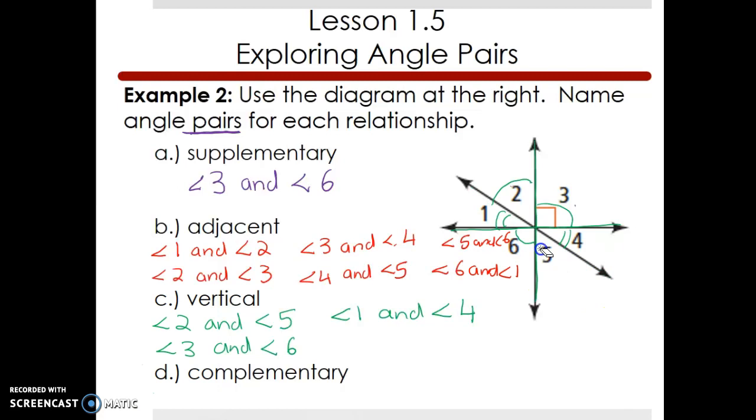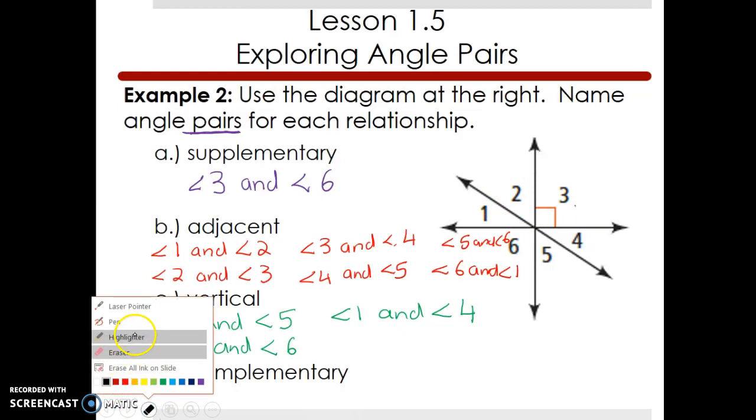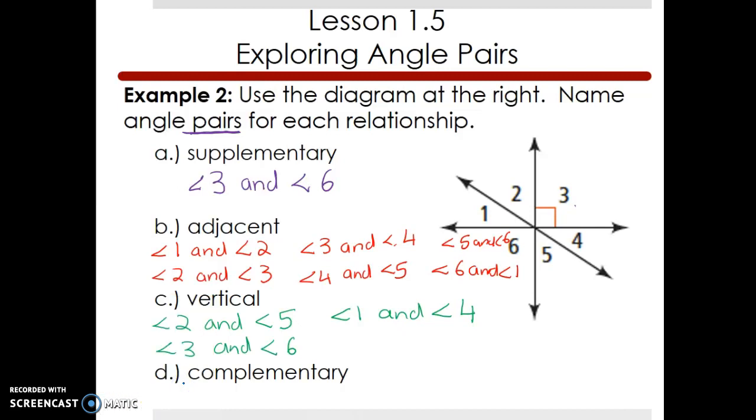All right, and then the last one, I'm going to erase that. Let's say, all right, complementary angles are angles that add up to 90 degrees. So over here, I do see a 90 degree, but they're not 2 angles that add up to 90 degrees. There has to be 2 angles. But we do know that this is a straight line, correct?